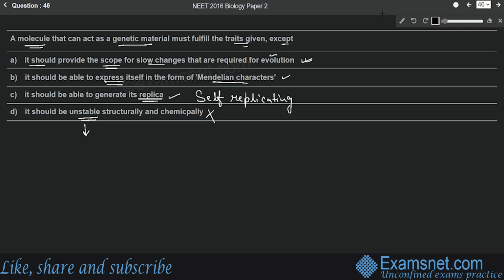The expression will change, leading to loss in several metabolic functions, or we can say there will be inconsistency in expression, and that is not required here. So the molecule should be stable, structurally as well as chemically. So option D is the correct answer here.